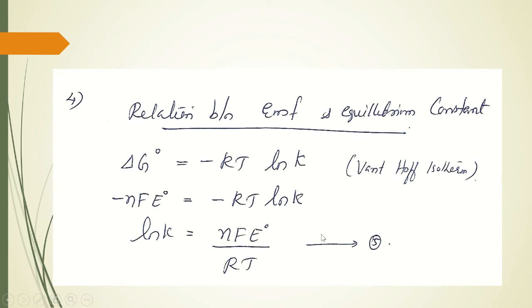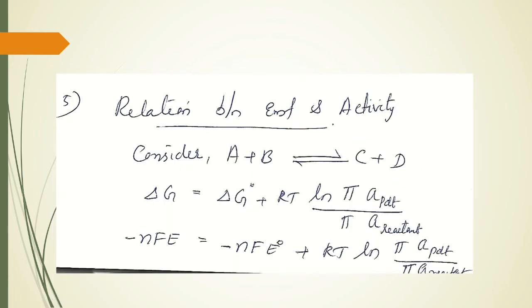That is another relation. And the fifth one is the connection between EMF and activity. So if you want to get the activity of certain ions in a reaction, we have to consider a reversible reaction. Suppose A plus B is equal to C plus D. Here, what will be the free energy of that particular reaction?